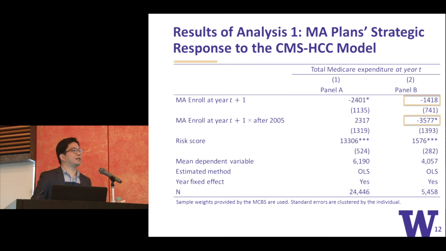So this means that their first year expenditure differences increased by about $5,000 in the post-ACC period. So this means that risk selection for panel A decreased, but risk selection for panel B increased as a result of the MA plan's strategic behavior in response to the CMS-HCC model.